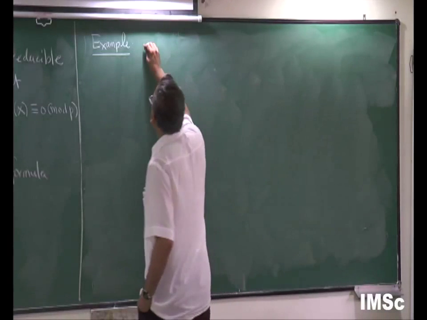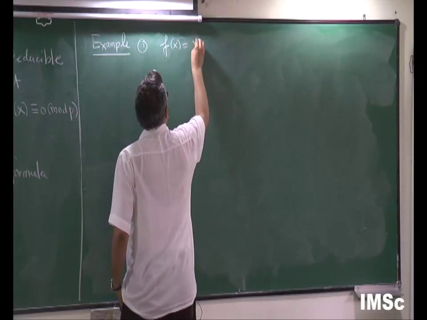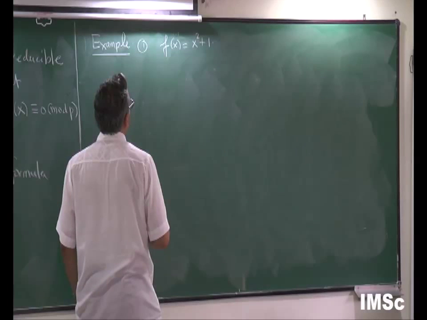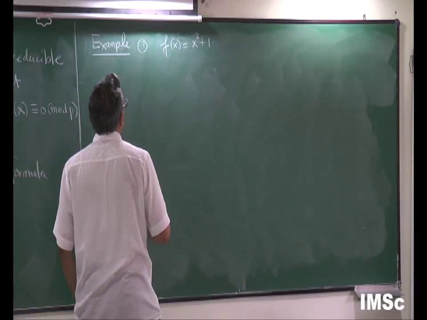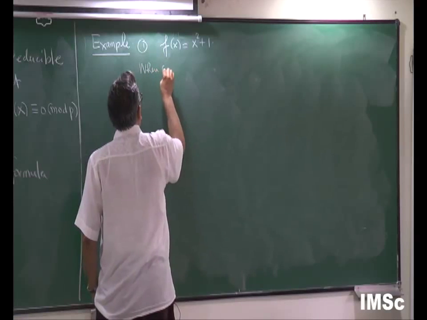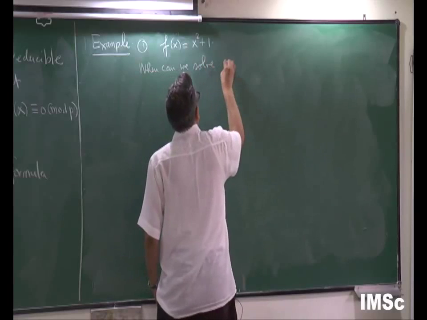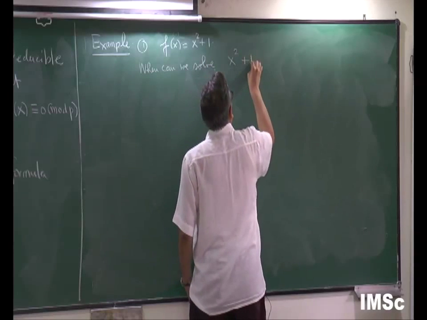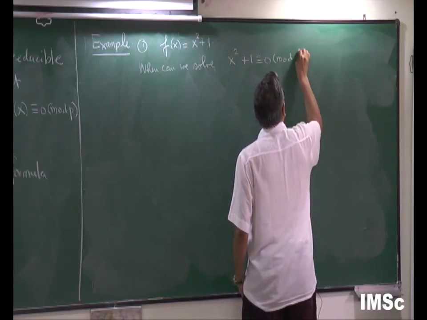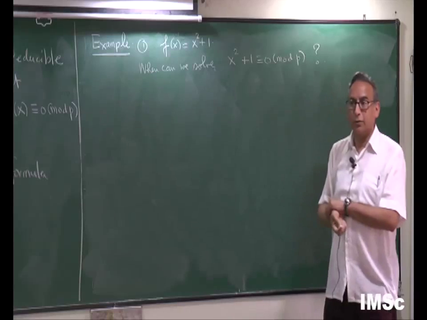Let's look at the following example. f of x equals x squared plus 1. So when can I solve this congruence mod p?